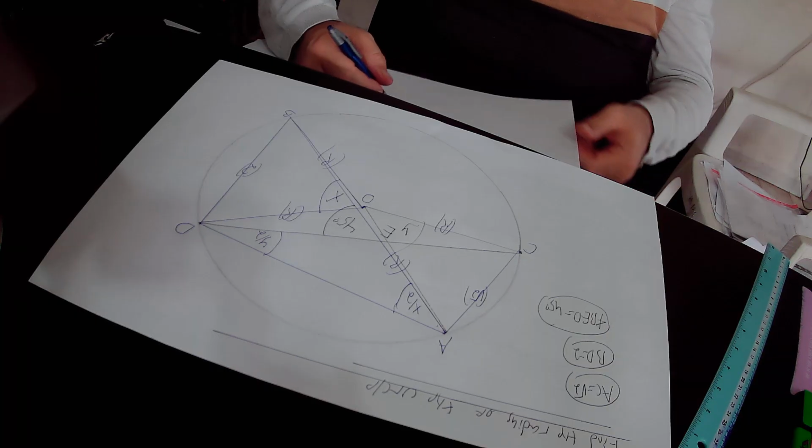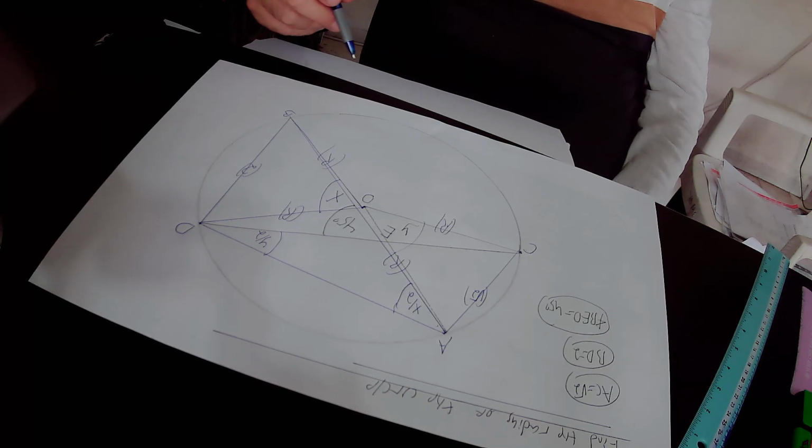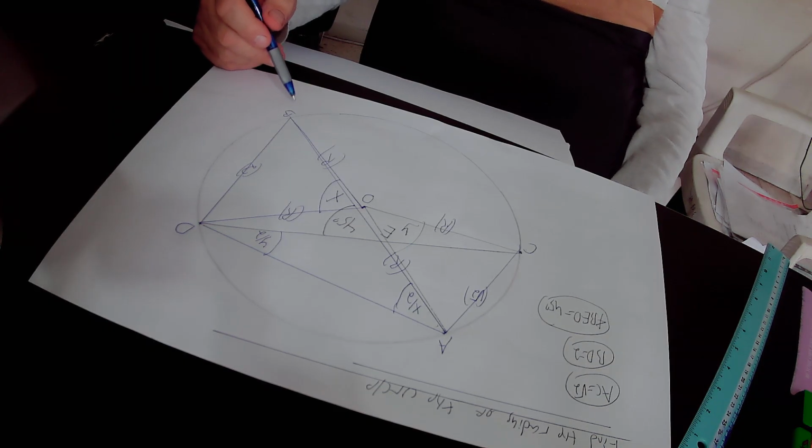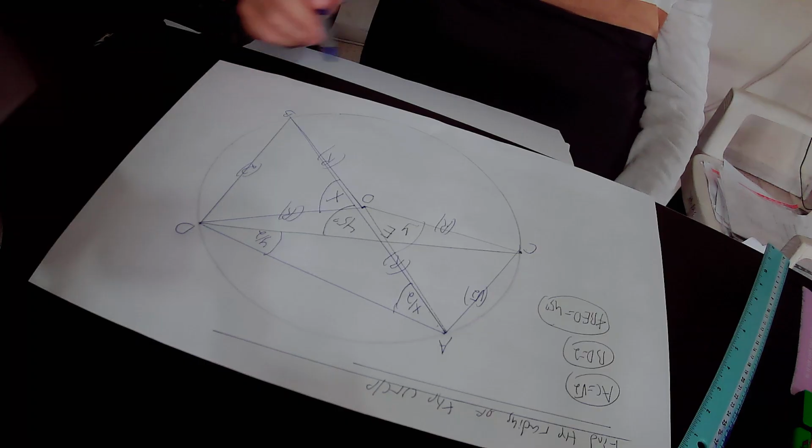In the next step, I'll copy triangle DOB in a new page, and we'll implement the law of cosines in this triangle DOB.